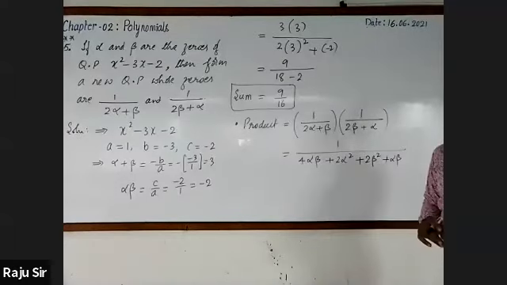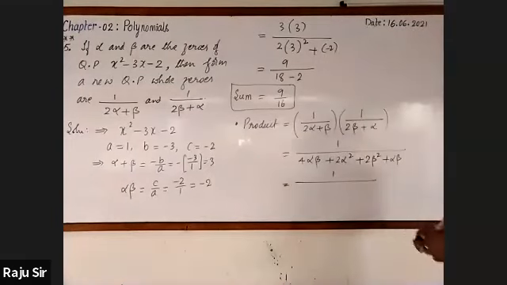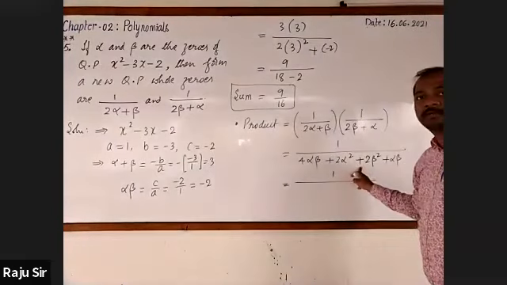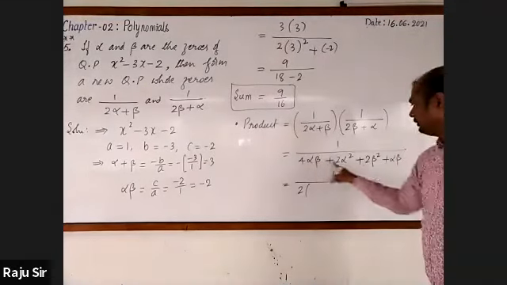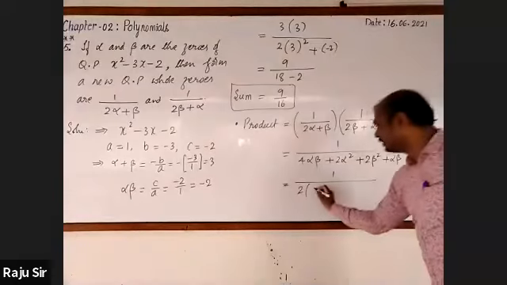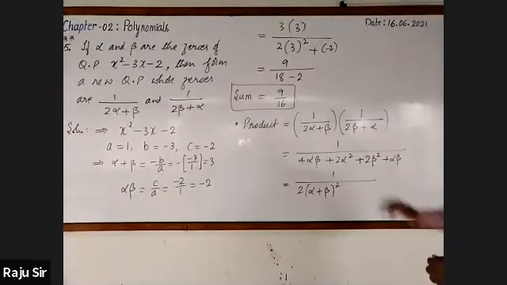Beta into alpha, alpha beta. This is equal to 1 by, again you can take 2 as common factor, into 2 alpha beta plus alpha square plus beta square. It is alpha plus beta whole square plus alpha beta. Have you got the same?